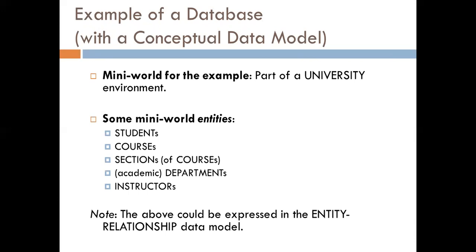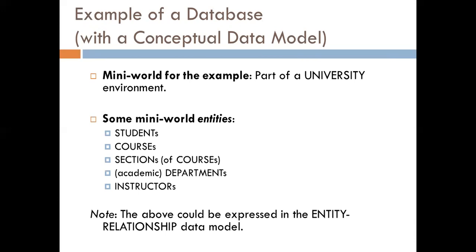If you observe each one of them, they have an independent existence. For example, a student has an independent existence. Courses will have their own independent existence.